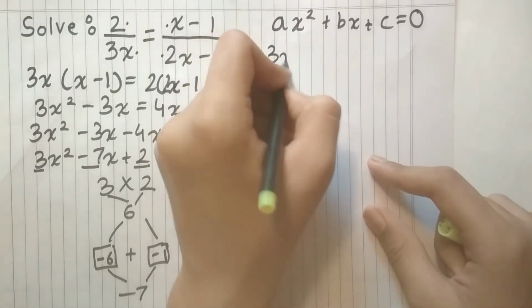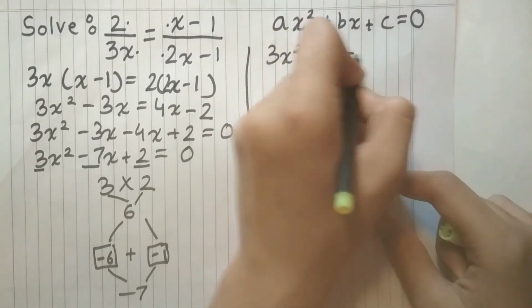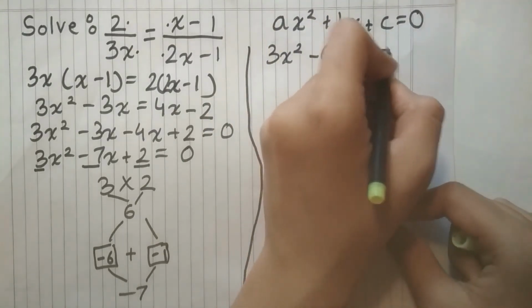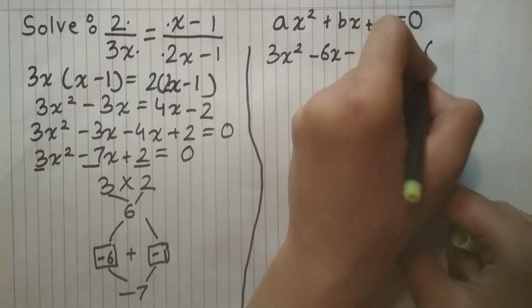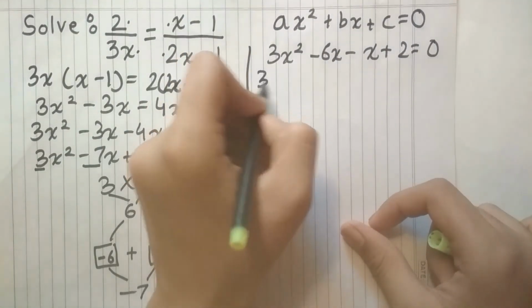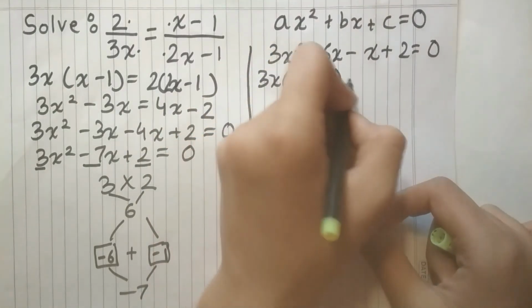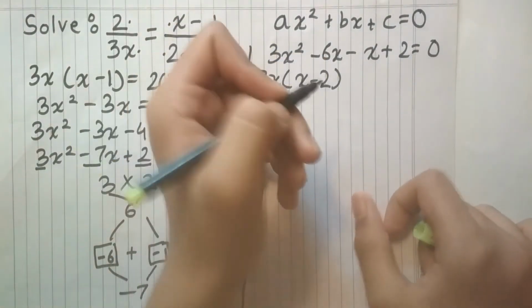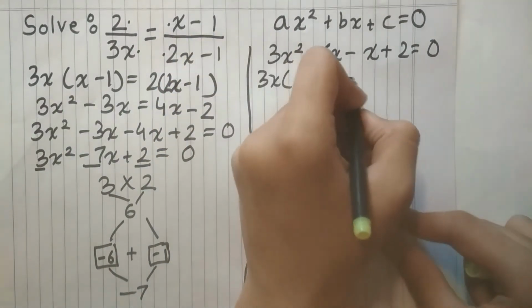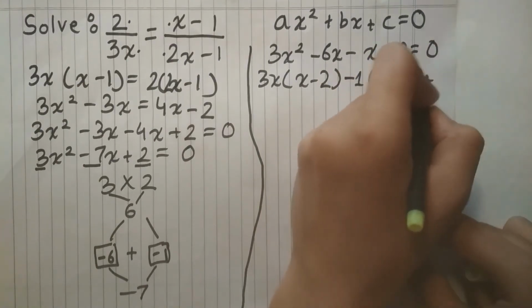3x squared minus 6x minus x plus 2 equals 0. So taking 3x common in the first two terms, x minus 2, and taking minus 1 as common in the last two terms, we'll get again x minus 2.